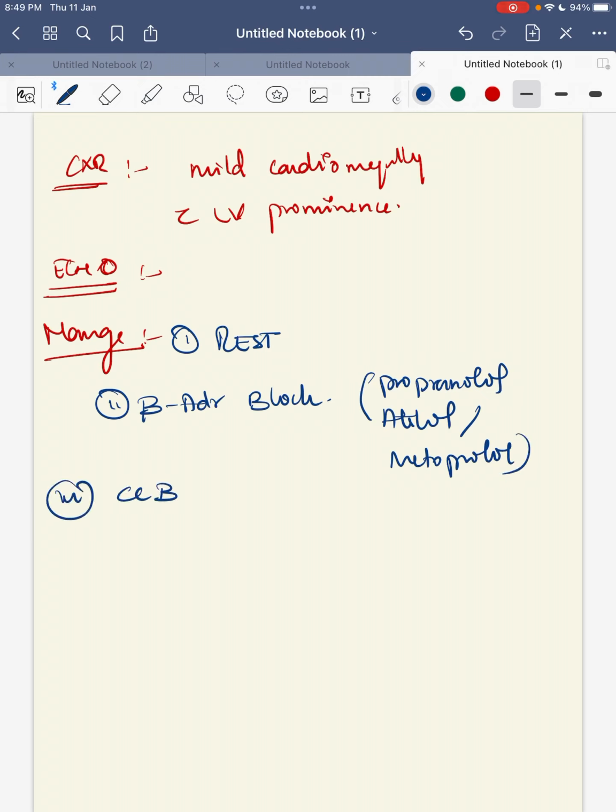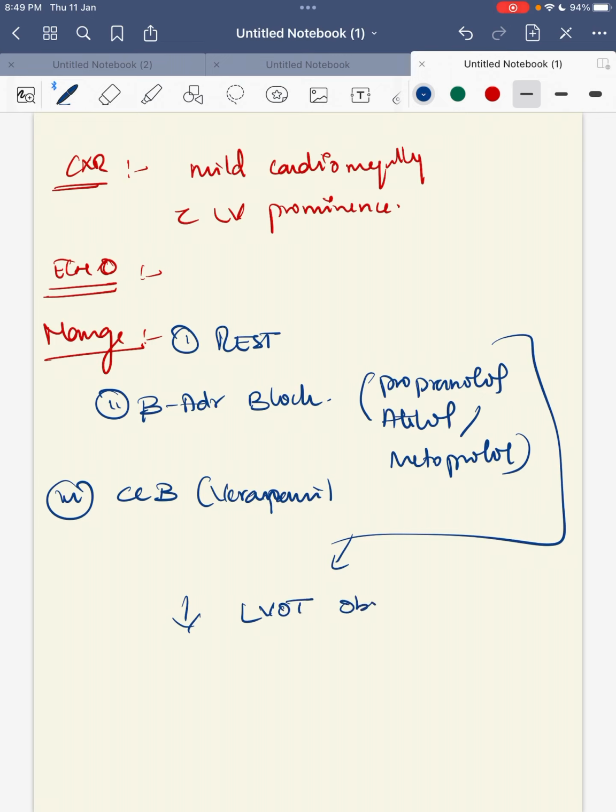Okay. Next, third group of drugs is calcium channel blockers like verapamil. So these beta adrenergic blockers and calcium channel blockers are useful in diminishing the left ventricular outflow obstruction. So they are useful to reduce the left ventricular outflow obstruction, one.